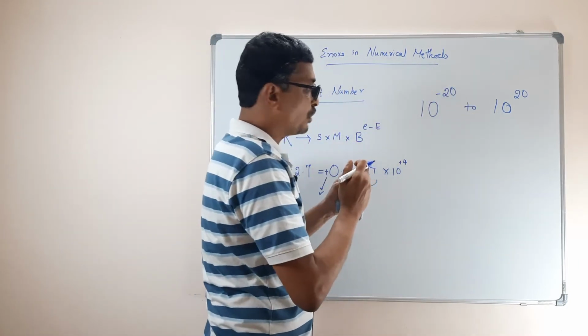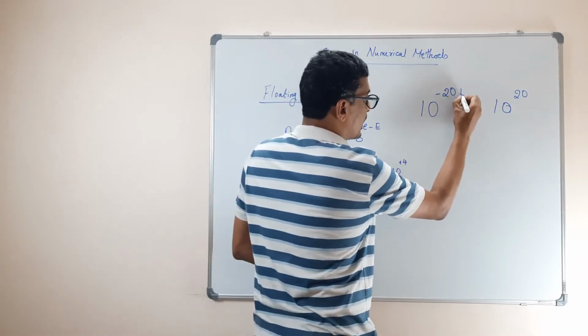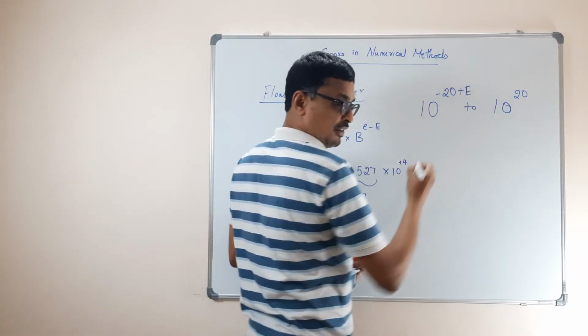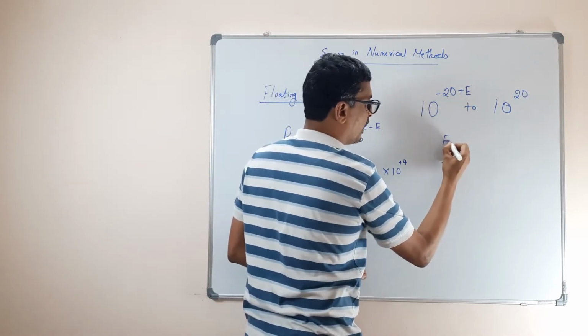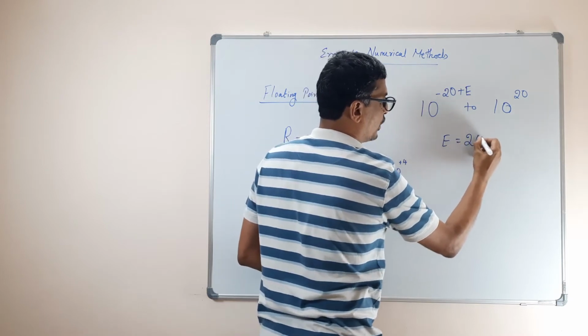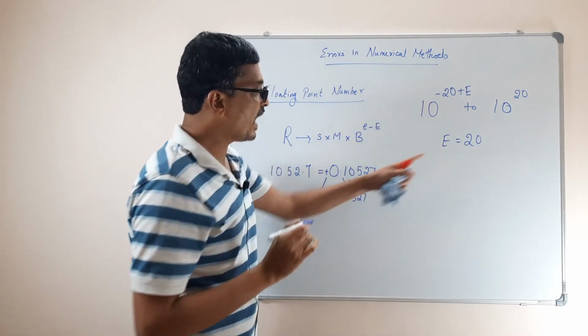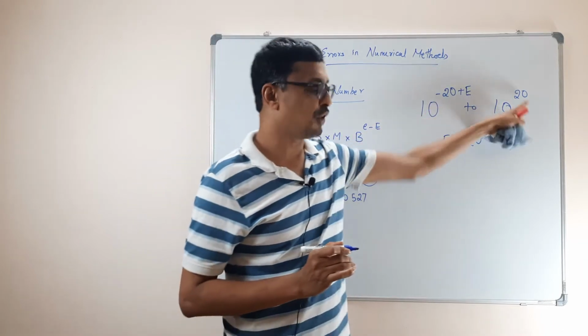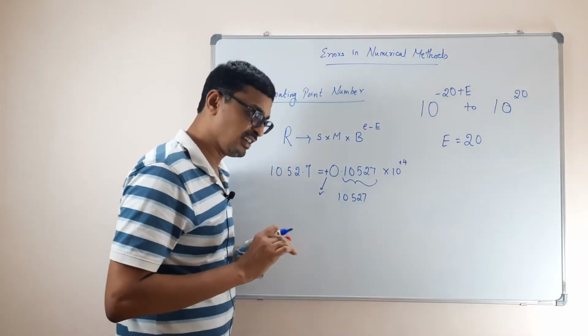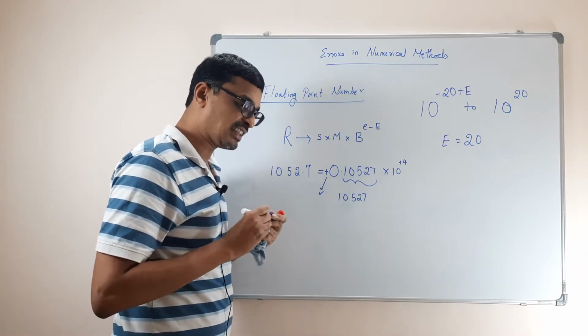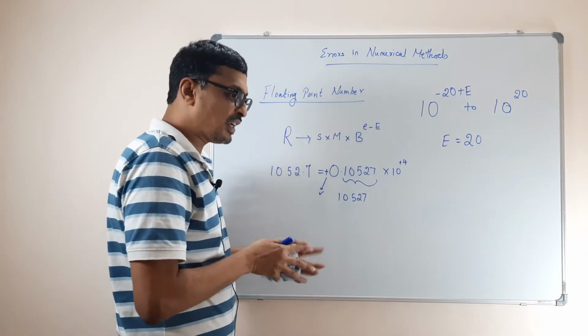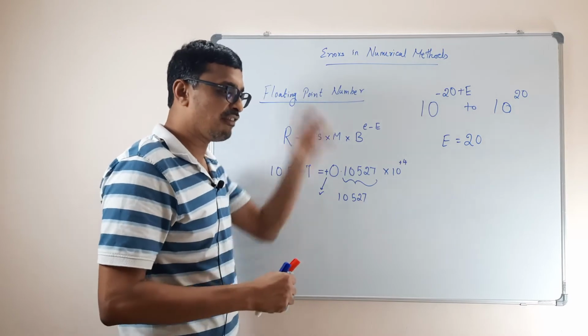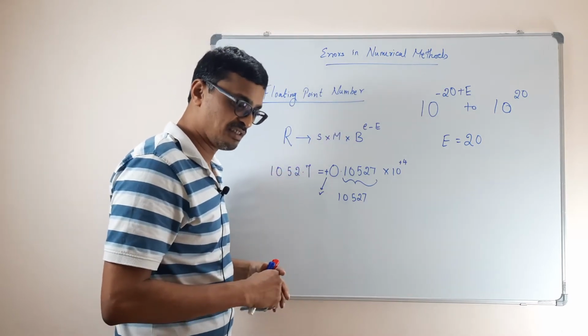In that case, I will add some number E. Let us take my E to be 20. When I have E equal to 20, this becomes 0 and this becomes 40. Am I right? Correct. Yes. So the advantage is that I have eventually eliminated my sign bit.